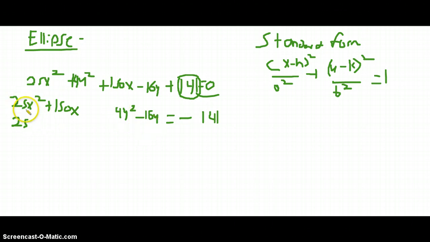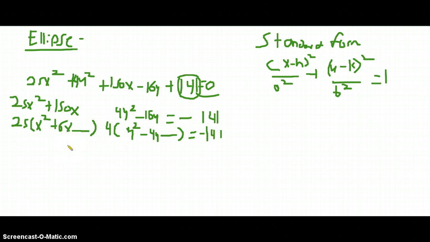So for the 25x squared plus 150x, I will have 25 over here, and then x squared plus 6x, and then this blank will be the complete square, parentheses end, and then I will have 4 on the outside, y squared minus 4y, blank, equals negative 141.